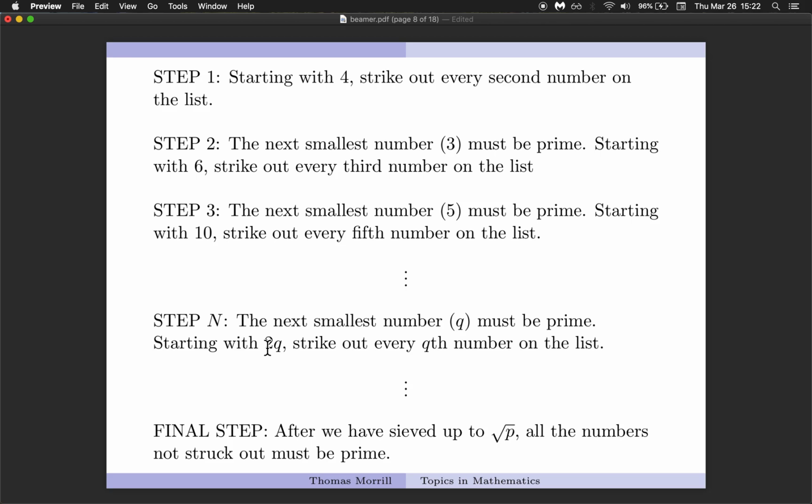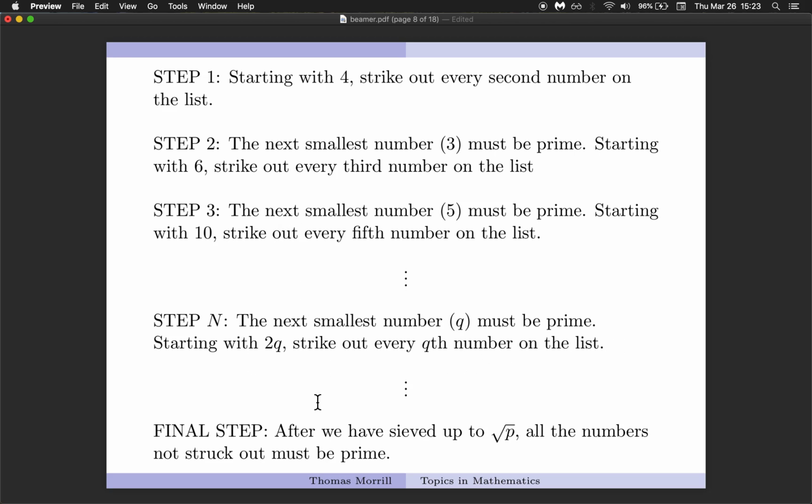Get rid of it. And then strike out every Qth number on the list. So yes, 1 out of every Q of those numbers. Those are all multiples of Q, which means those are all composite, which means those are all off the list. Don't want them.